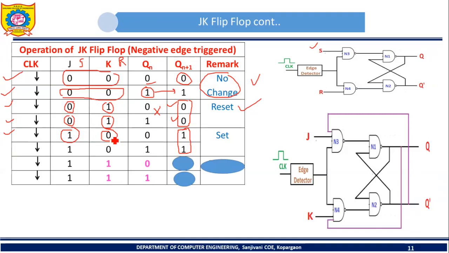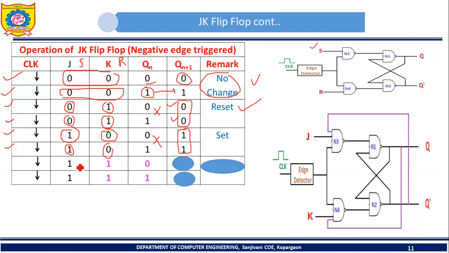So if J is 1 and K is 0, the next state of the JK flip-flop will be 1 irrespective of the present state. In this case the next state will not depend upon the present state. See here also J is 1 and K is 0. So what is the next state? It is 1. This particular case of the JK flip-flop is similar to case number 3 of the SR flip-flop.